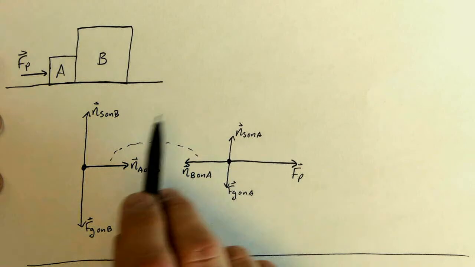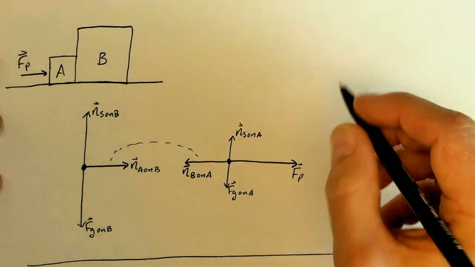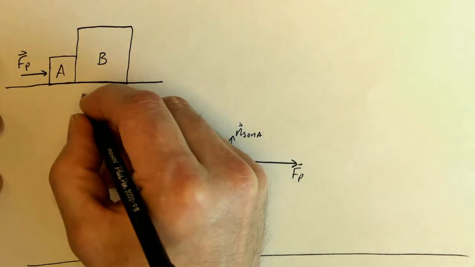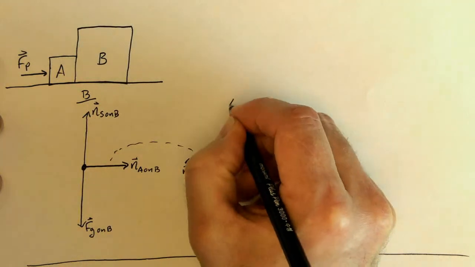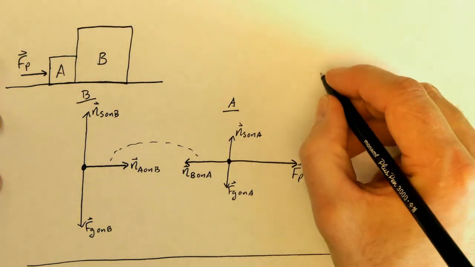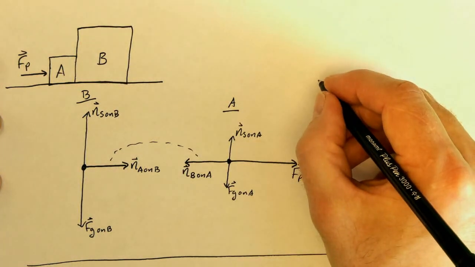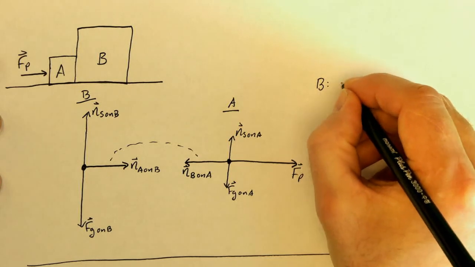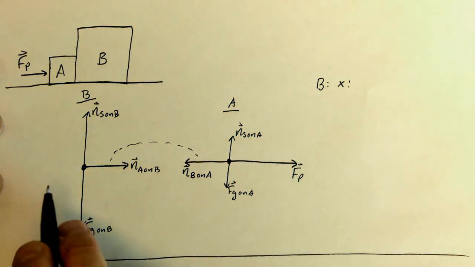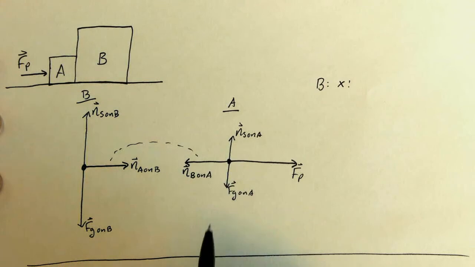Okay, so now let's take that and do a little bit of math. I'm going to label these to be a little more careful. This is B, this is A. And looking at B, and then looking at the x component of it, we won't worry about the y's right now.